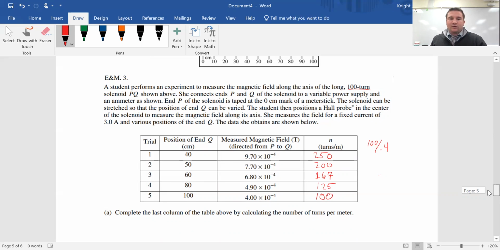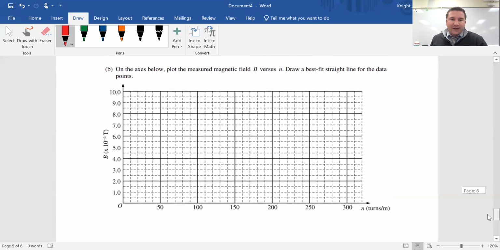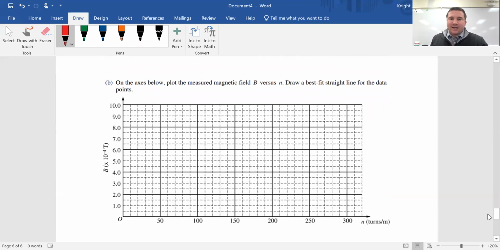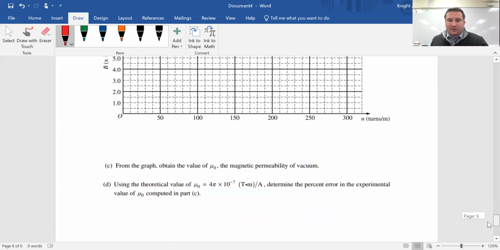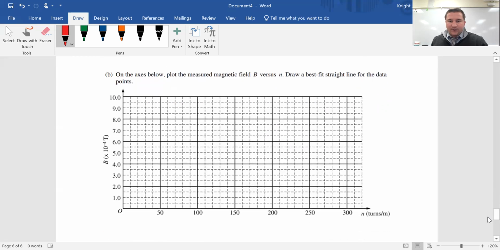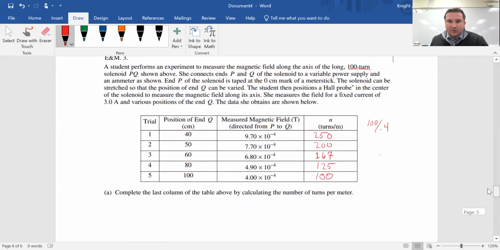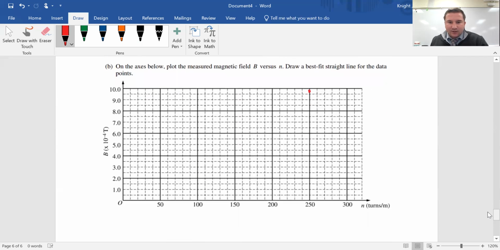Now, on the axis below, we want to plot the measured magnetic field versus N and draw a best fit line for the data points. So I have 9.7 and 250. 9.7 is probably like here. Then 7.7 is like here.